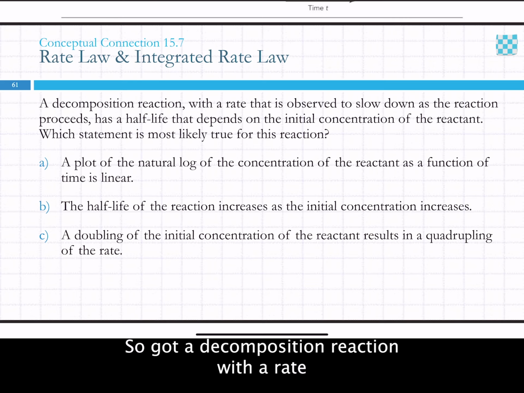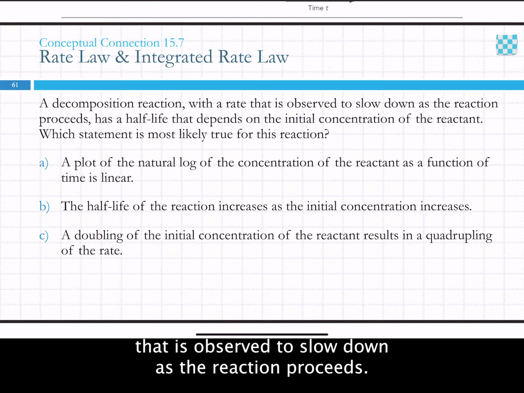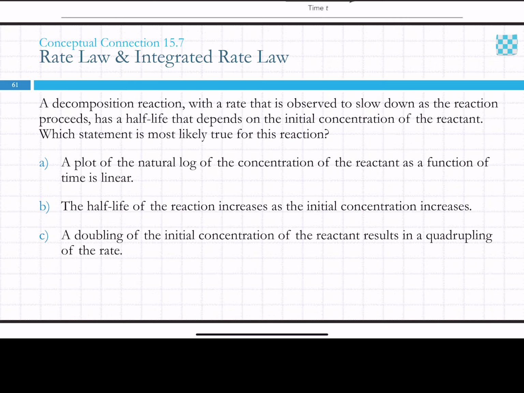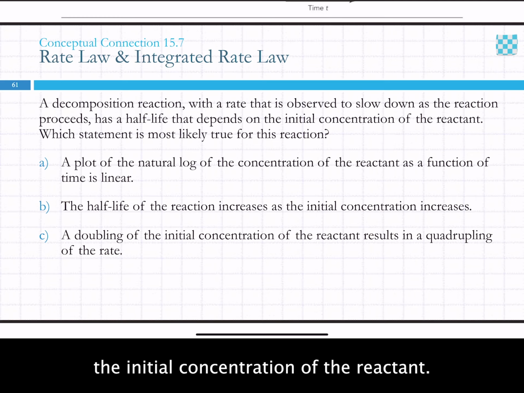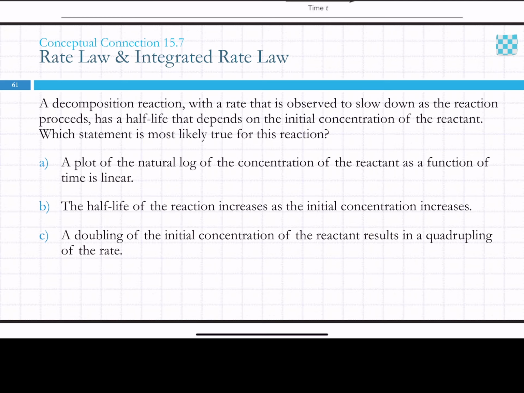All right, so I got a decomposition reaction with a rate that is observed to slow down as the reaction proceeds. It has a half-life that depends on the initial concentration of the reactant. Which statement is most likely true?